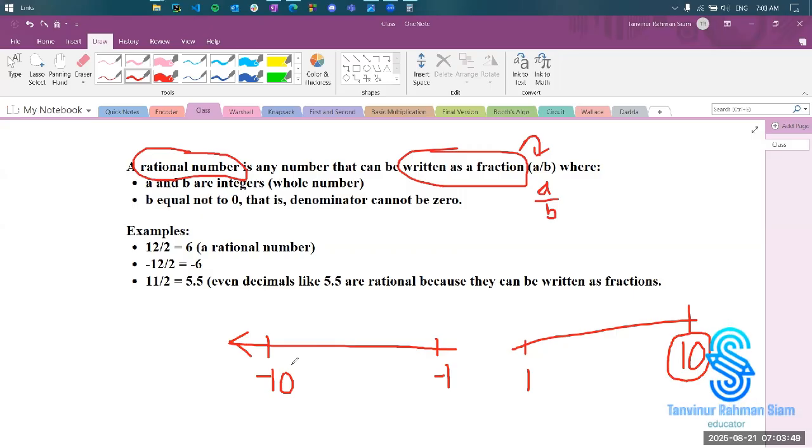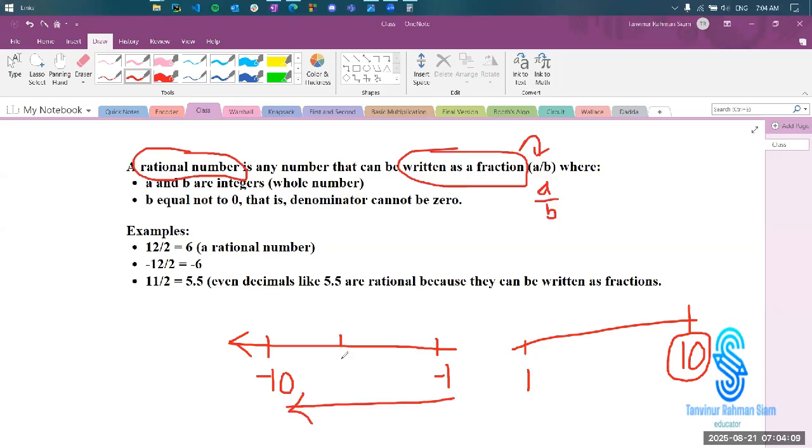Some students make mistakes while giving the exam. They say that -10 is the greater number than 1. Why? Because it's the greater. No, that's not the case. If you draw the number line, it is moving to the left side.